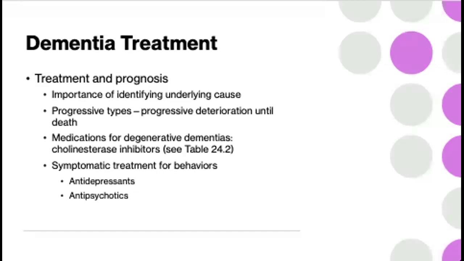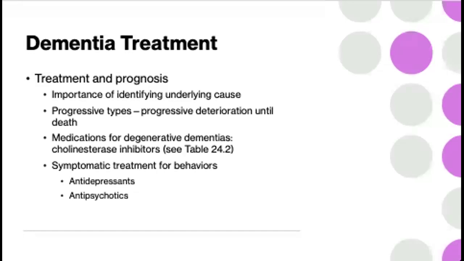Treatments really aim to manage the symptoms and slow the progress. We can use cholinesterase inhibitors like Aricept, which modestly slow the dementia progress, but they really do not alter the disease course. We can also use NMDA receptor antagonists like Namenda, for slowing moderate to severe Alzheimer's.